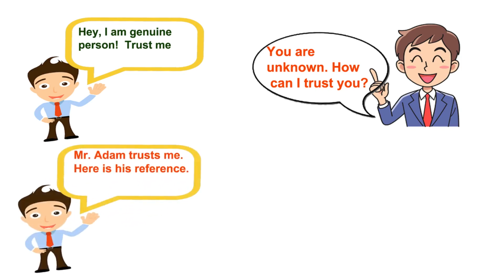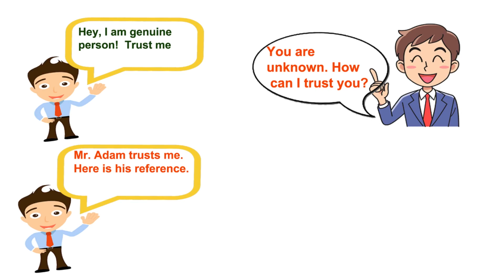Now that person knows that there is a very well known, reputable, and trustworthy person in the town who is known to everyone, and that person has credibility. So this person says that Mr. Adam, a reliable person, trusts me, and he has given me this reference letter. You can have a look at this.